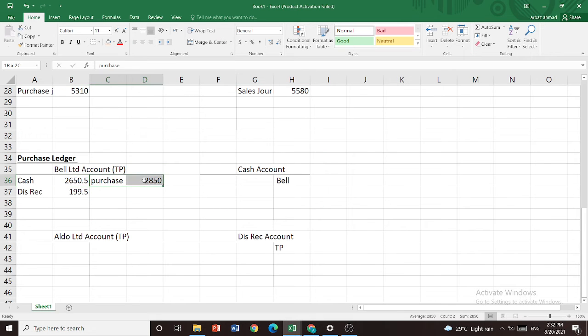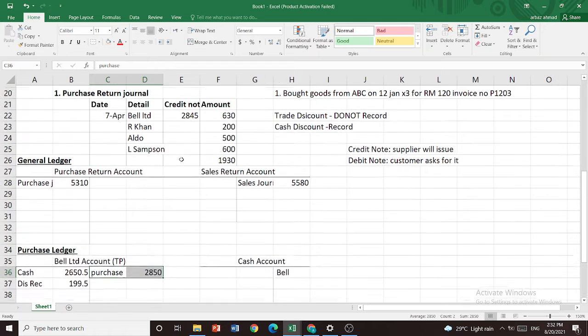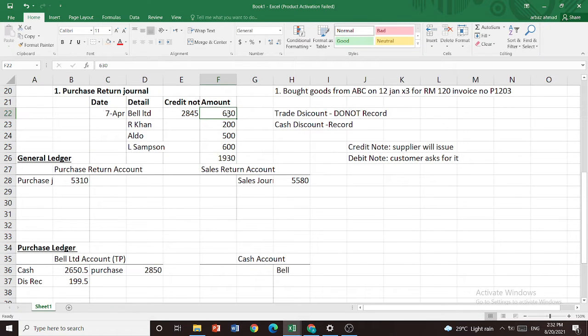Instead we have purchase here, and this is the purchase return journal. Let's say returned goods of 200, this one maybe 100, this one 20, this one 10. What I am going to do is write the total here in the purchase return ledger, which is under the general ledger.